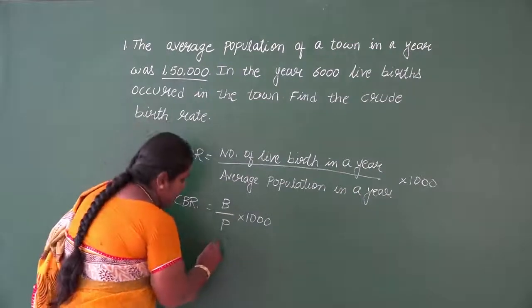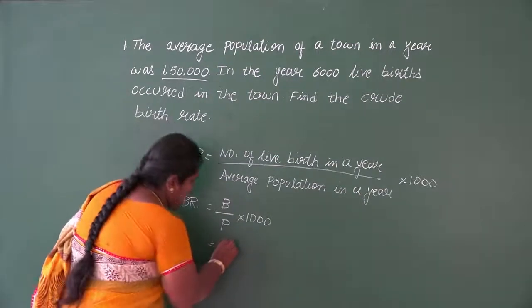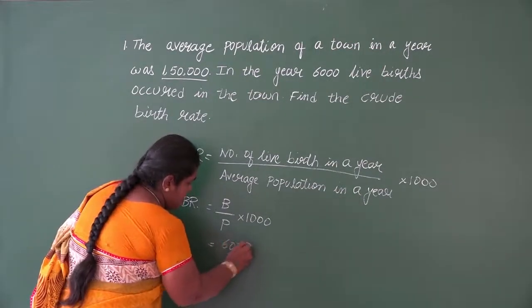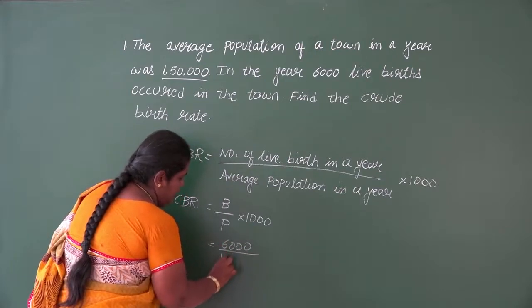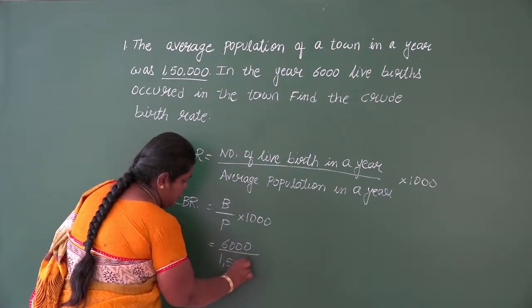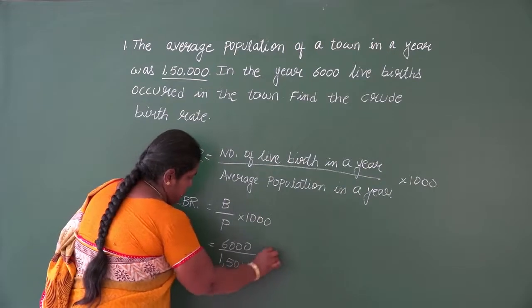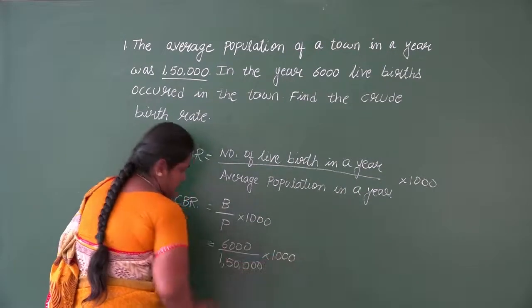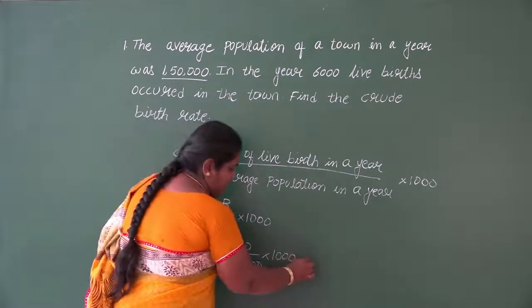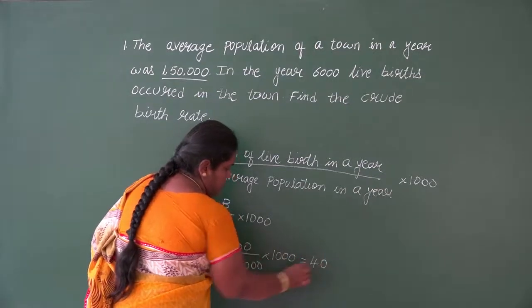Here the live birth value is 6,000. So 6,000 divided by the population value 1,50,000 into 1000. Use the calculator and simplify, and we get the value as 40.